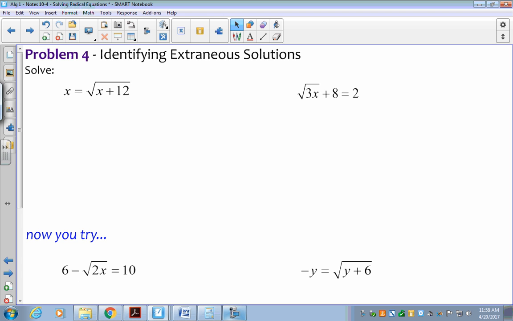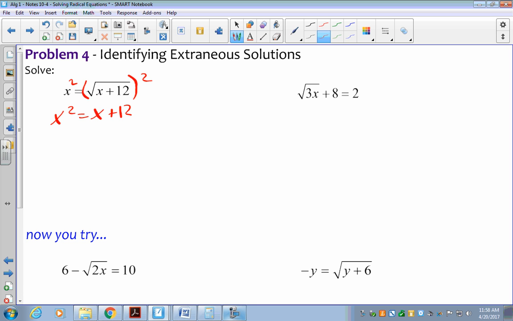All right. When you have a radical rolling around in your equation, we get everything on one side of the equation and then the radical and whoever lives in the radical prison on the other. Once we do that, we can square both sides. So in this case, we get x squared equals x plus 12.